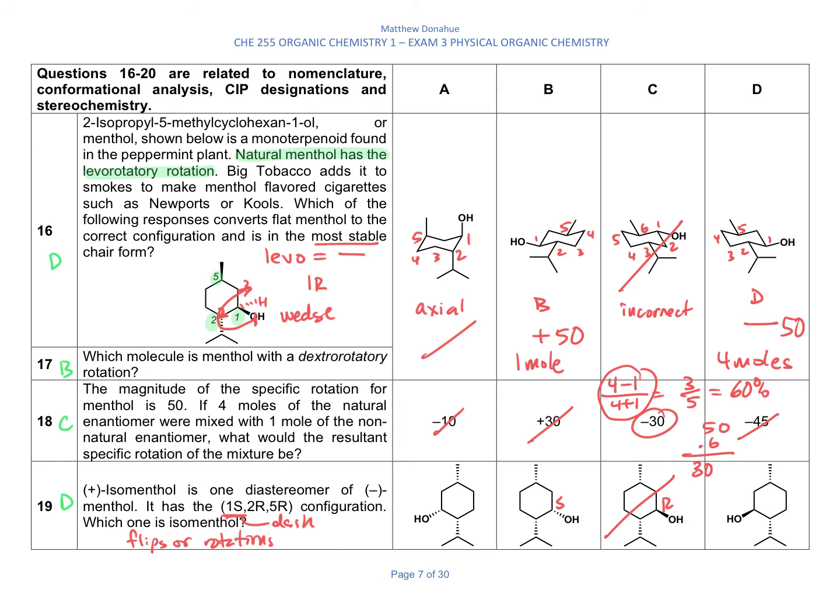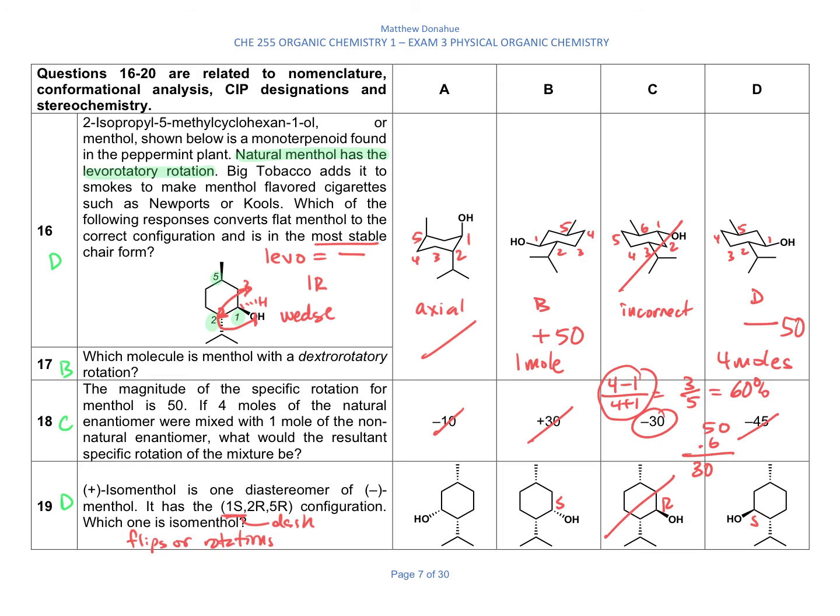Now, if we look at D, D is a mirror image. And so what that's going to mean is that alcohol, even though it's a wedge, it's not in the same orientation. See how it's the mirror image? So that means that must be S, so that's in the running.